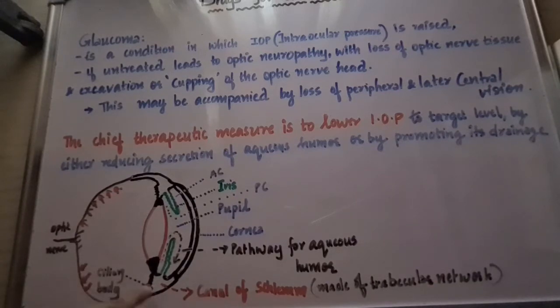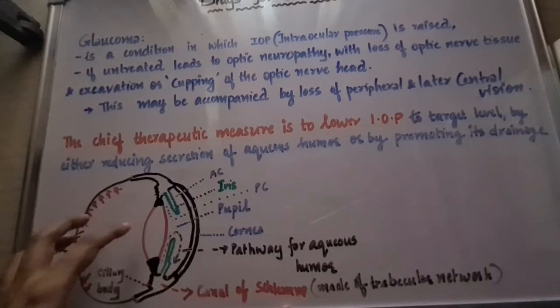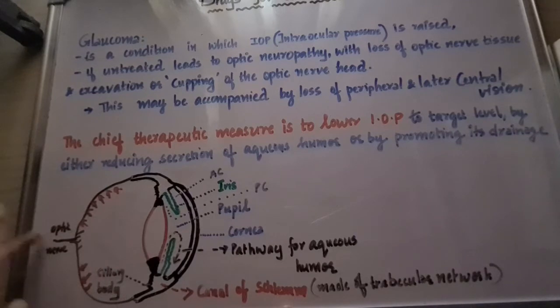If any kind of blockage happens here and the aqueous humor cannot flow out of our eye through the canal of Schlemm, pressure starts to develop inside the eye, which damages our optic nerve.